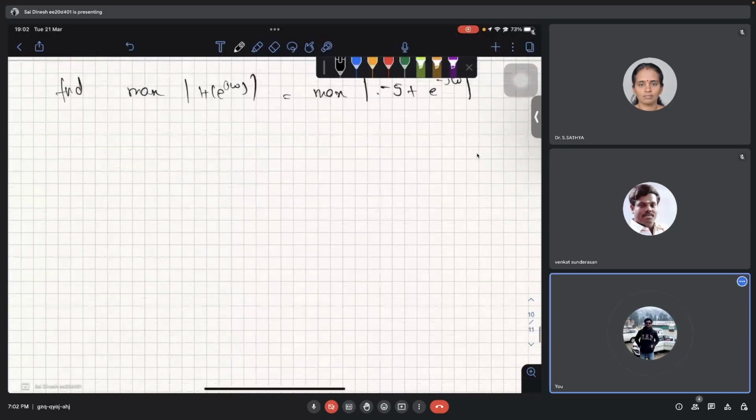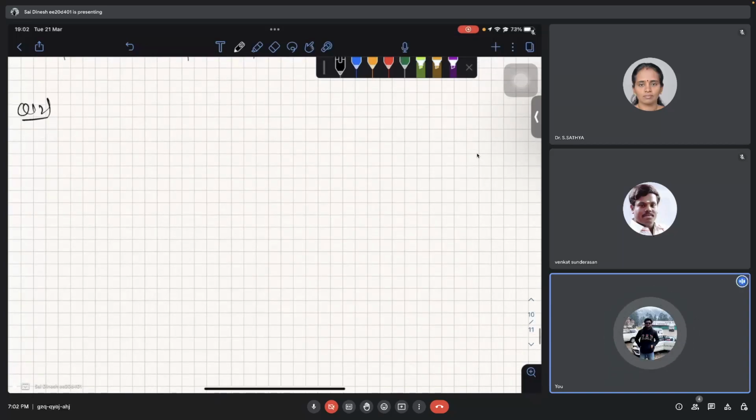Okay. And then question 12 will be, consider a causal and stable system with input output relation given by y of n is equal to 0.5 y of n minus 1 plus 2 times x of n, right? And then 3 dB frequency. Okay, I'll just write it.